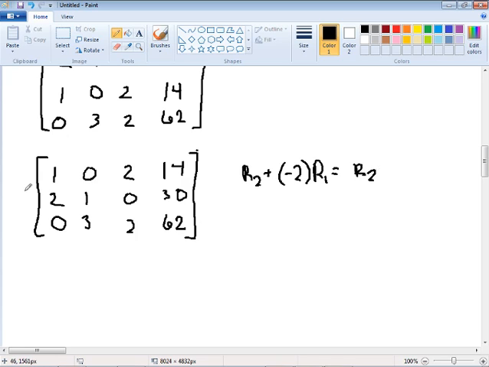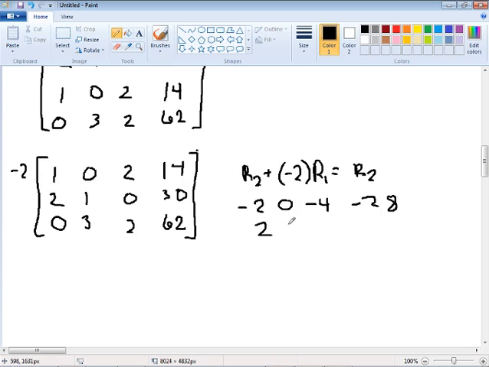And what that's going to give me is my new row 2. So let's see how this is going to work. I'm going to multiply this top row by -2. -2 times 1 is -2. -2 times 0 is 0. -2 times 2 is -4. And -2 times 14 is going to be -28. And then I have this second row here.